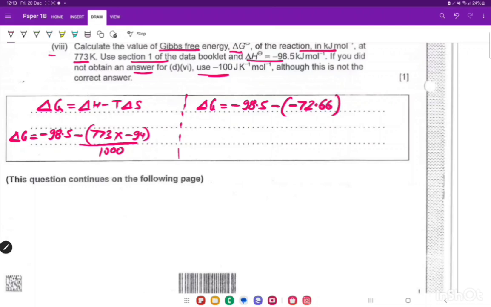Okay, when we solve it, delta G equals minus 98.5 plus 72.66. That comes out to be delta G equals minus 25.84 kilojoule per mole. This will be the answer.